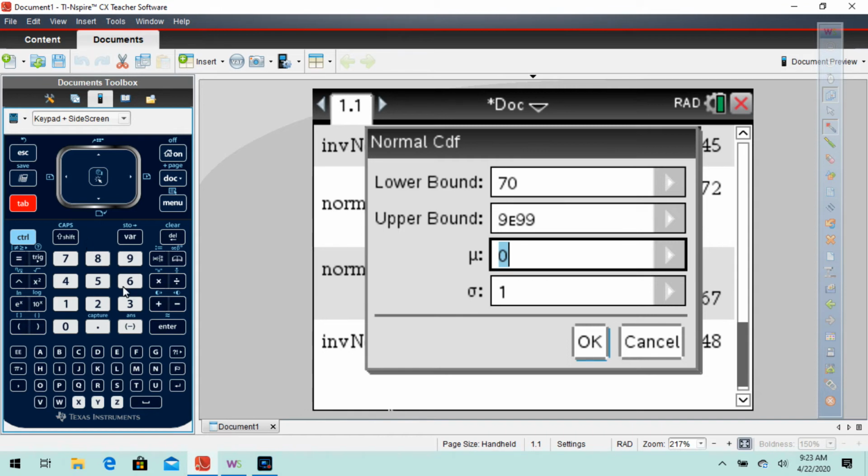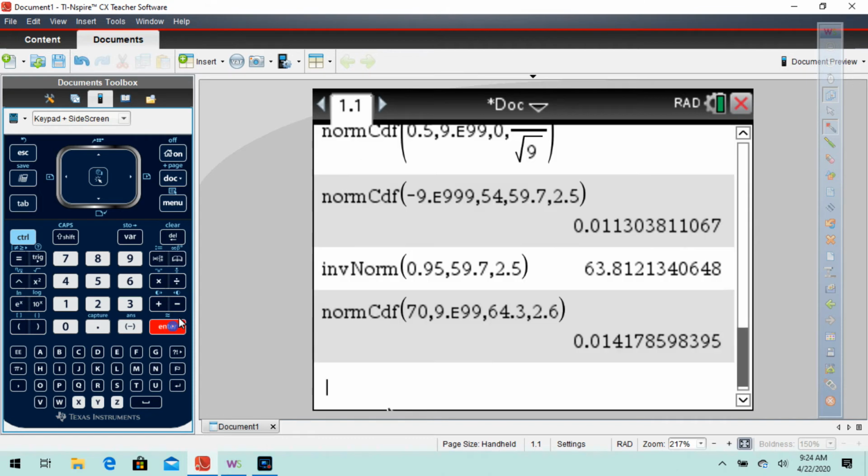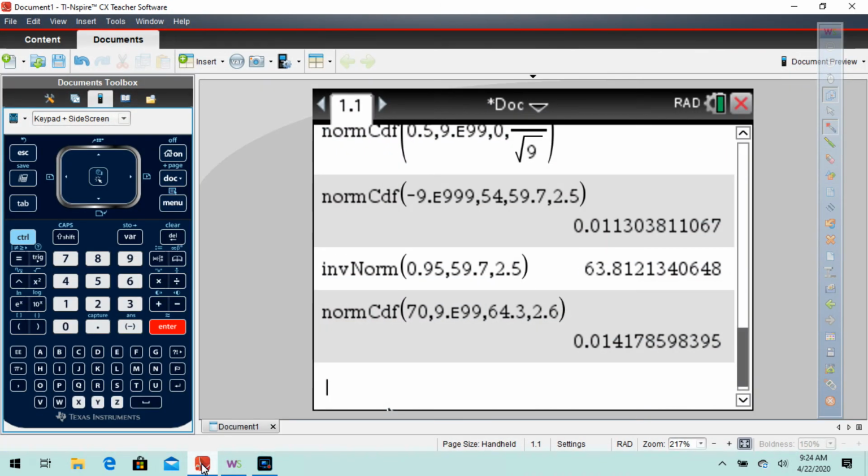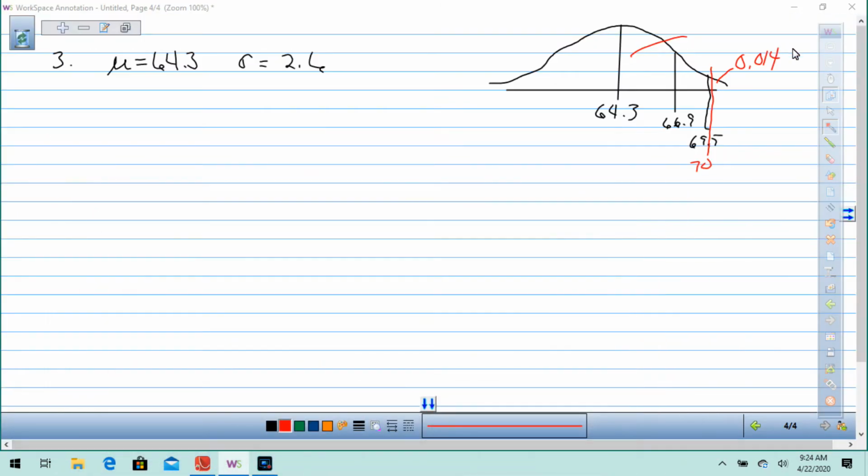We have a mean of 64.3 and a standard deviation of 2.6, 0.01417. So this area here is 0.0142.